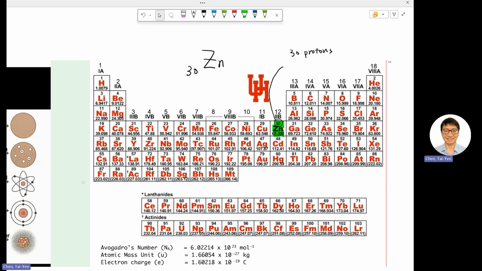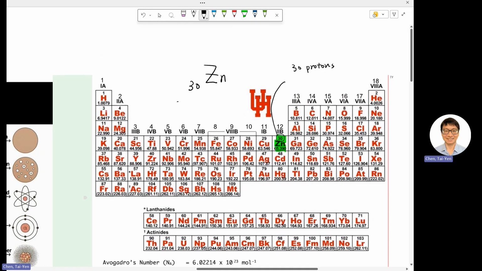For example, if I say I have 31 neutrons in this specific zinc, then I can write this atomic symbol: 61 on top, zinc, 30 at the bottom.